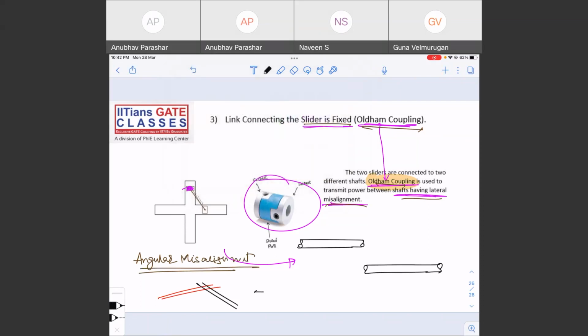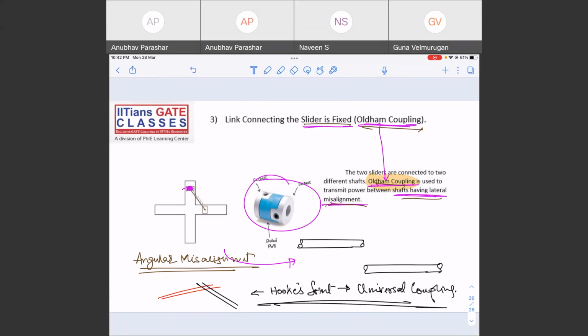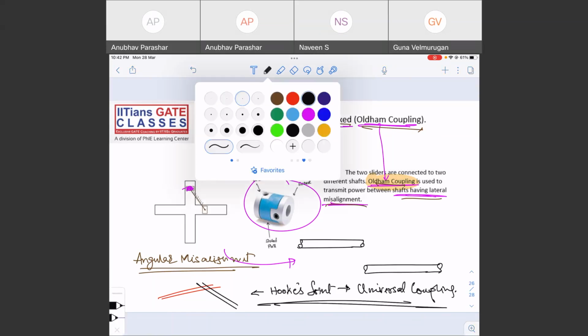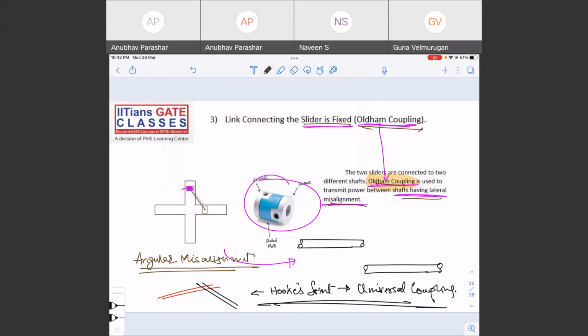We use Hooke's joint. Hooke's joint is also known as universal coupling. It is also asked. It is a part of theory of machines, but generally not frequently asked. So Hooke's joint, universal coupling.